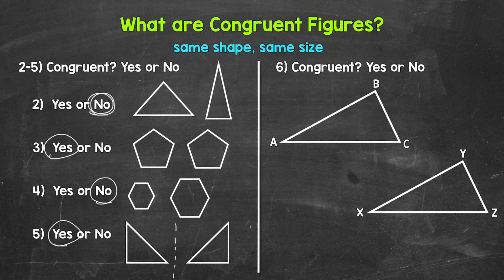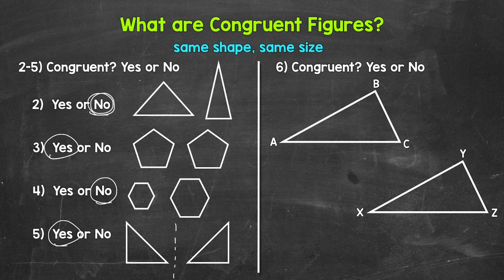For numbers 1 through 5, we went off of how the figures looked and determined if they were congruent. We didn't have any side lengths labeled, angles labeled, or markings on any of the figures. For number 6, these triangles look congruent, but we're going to include some markings that will help us in geometry, and specifically, they will help us determine if these triangles are congruent.